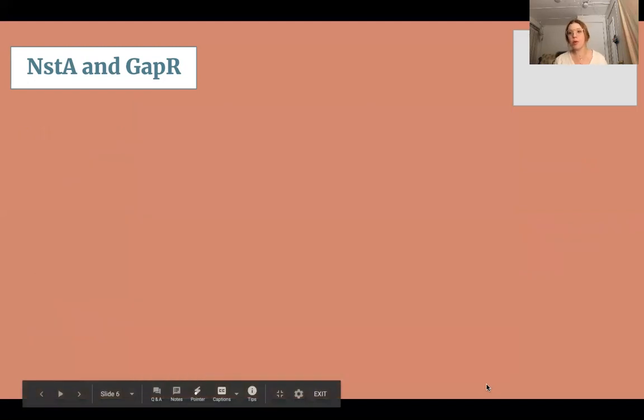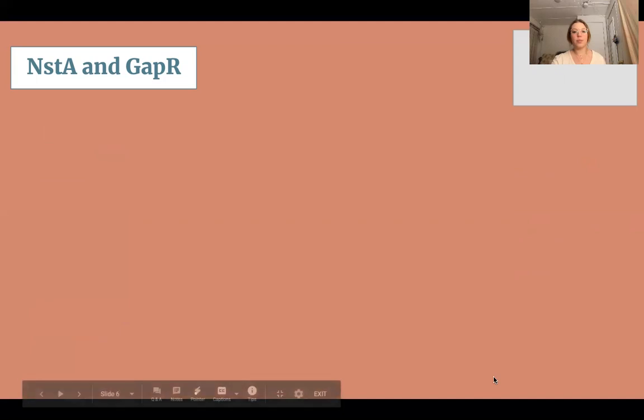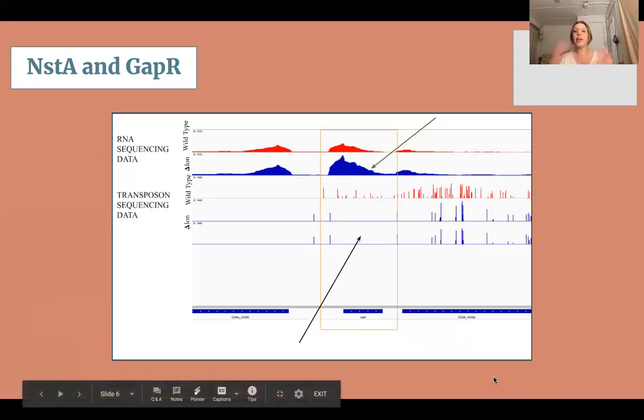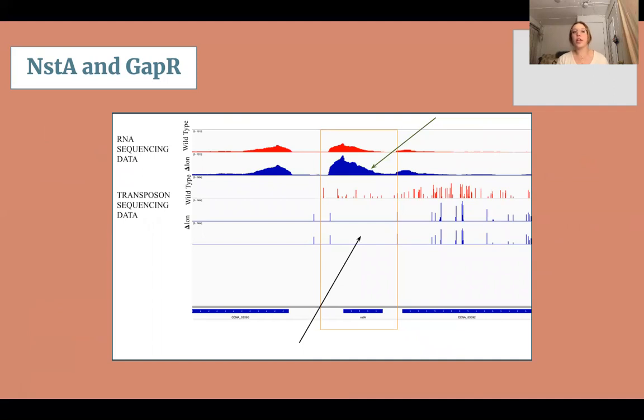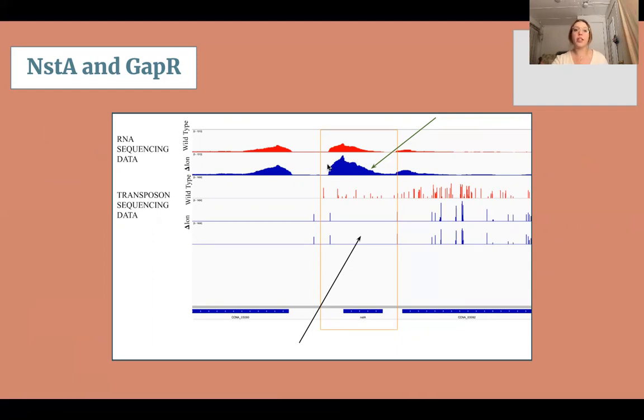And what's so important about this? Well, like I explained earlier, we were able to see through Tn sequencing and RNA sequencing data essential and non-essential genes. This is what we're seeing for NstA. So already we can see through the RNA sequencing data, through this green arrow, this higher level of RNA expression in a delta lon mutant.